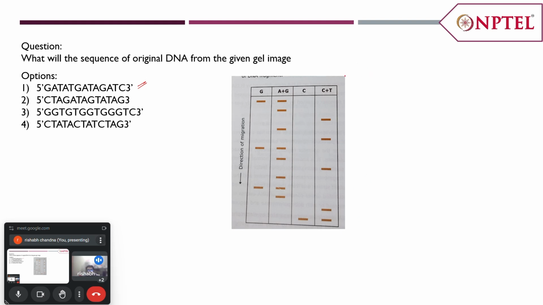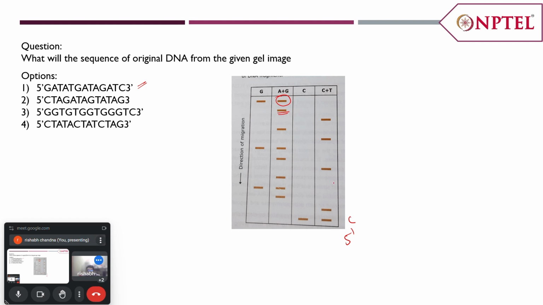So this would be the direct sequence that would be given. Okay. So it would start with C. So in this case, if A plus G and G have the band at the same position, that means at that position G would be present. And if there is no band in the G column, that means at that position A is present. Same is the case with the C and C plus T.